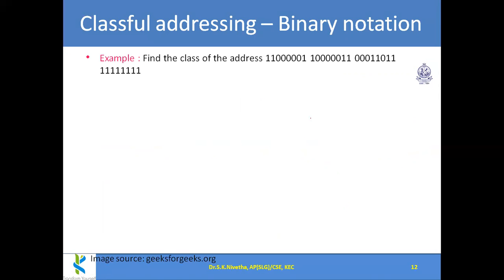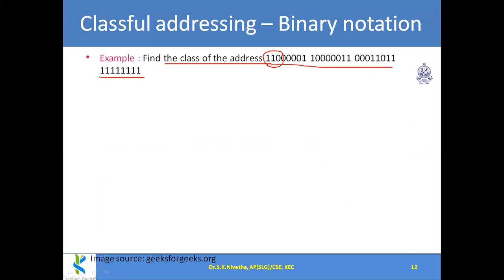Now, let us find the class of an address. If something is asked like this, where the complete 32-bit binary notation is given, how do we find the class of the address? We have to look into the first few bits. The pattern matches 110.